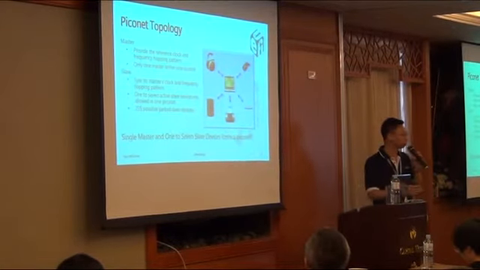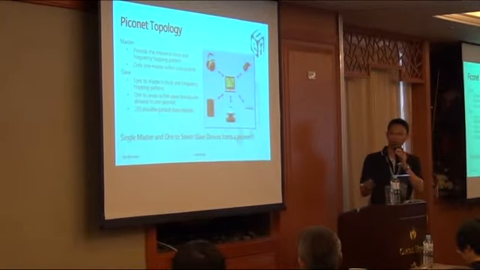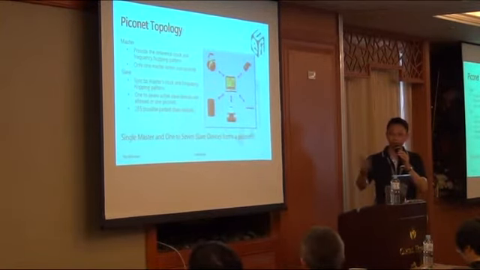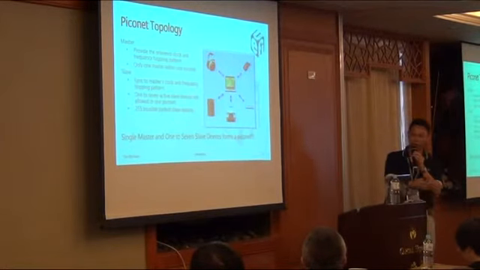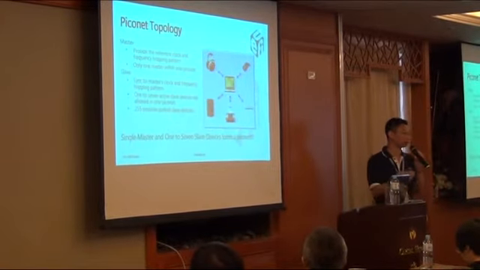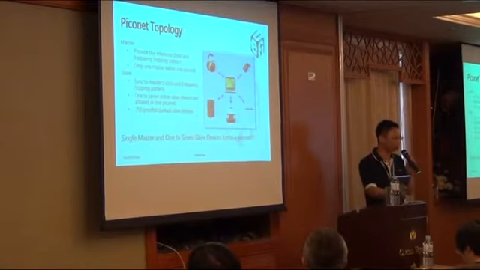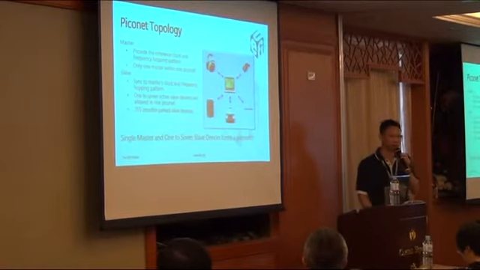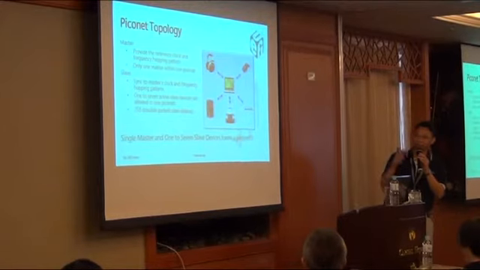Some people may have questions: what if you have more than 7 devices, how can that work? In Bluetooth, in the same Piconet, you can have up to 255 parked devices. Parked means inactive. So you can only access the target device, and at the same time you can only activate 7 devices.